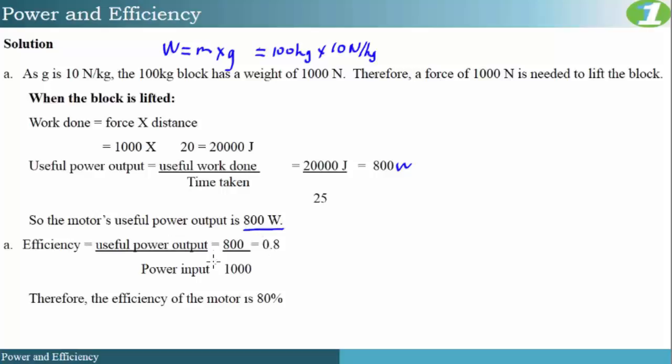Now the efficiency, as stated here, is useful power output divided by power input. And remember, we will need to multiply this value by 100. So this would be 800 watts divided by 1000 watts, which gives us 0.8. If we multiply that by 100, that gives us an efficiency of 80. So that system would have an efficiency of 80%.